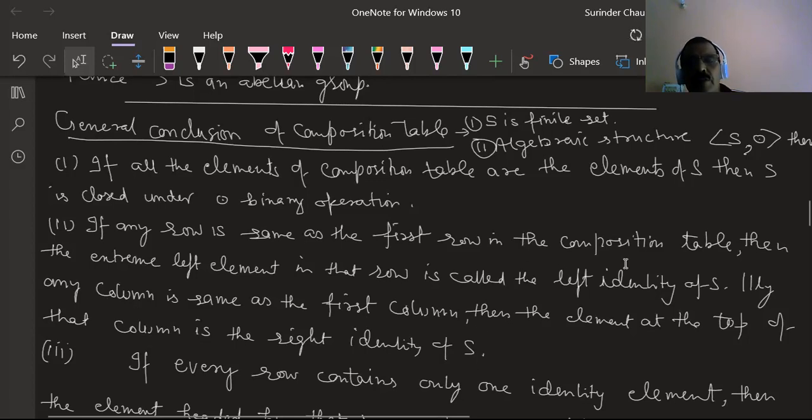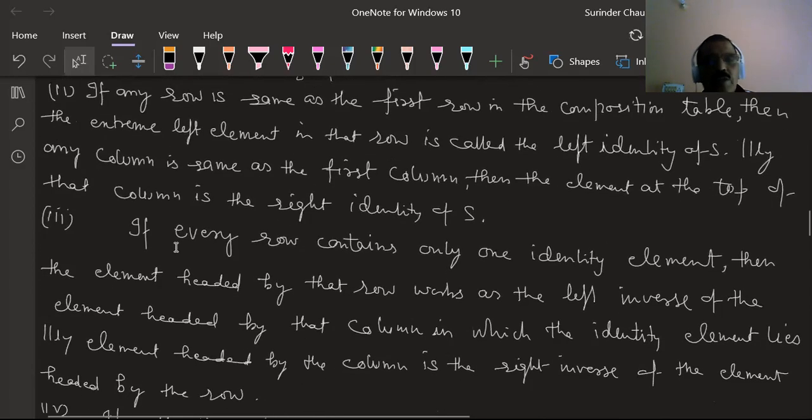So the left identity element exists and the right identity element exists. If the left identity and the right identity are the same, then the identity element exists.